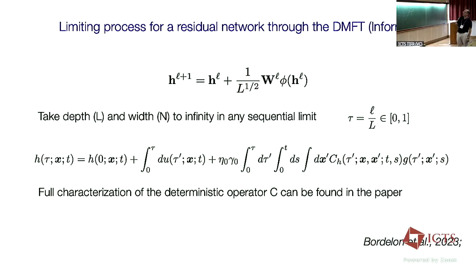And the dependence on depth is going to be, in this particular case, a stochastic process. This is a Brownian motion over here. And there's some deterministic operator here. So the full characterization of these equations can be found in this paper, which I could flash, but I would just have flashed it, so there wouldn't be any insights. That's why I'm not doing it.